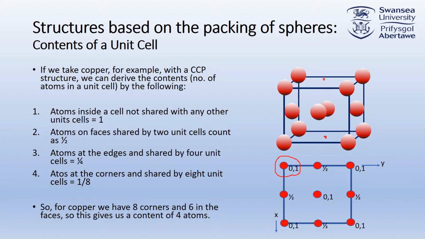Here we have just an atom sat halfway up, and here we have an atom sat in the bottom and the top layer. Okay, and you can follow that through. It's just a different way of representing our unit cell.